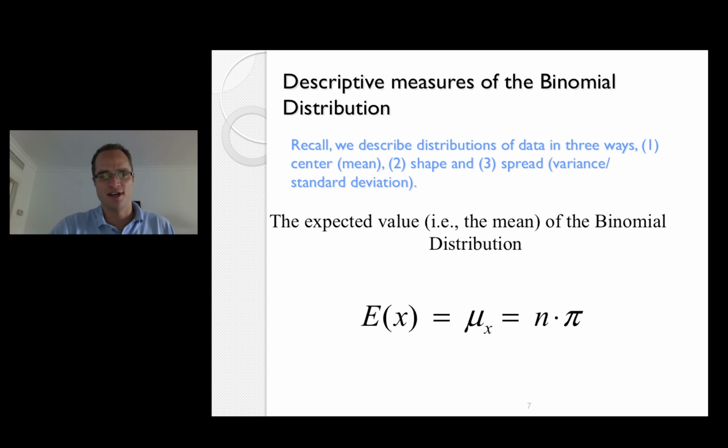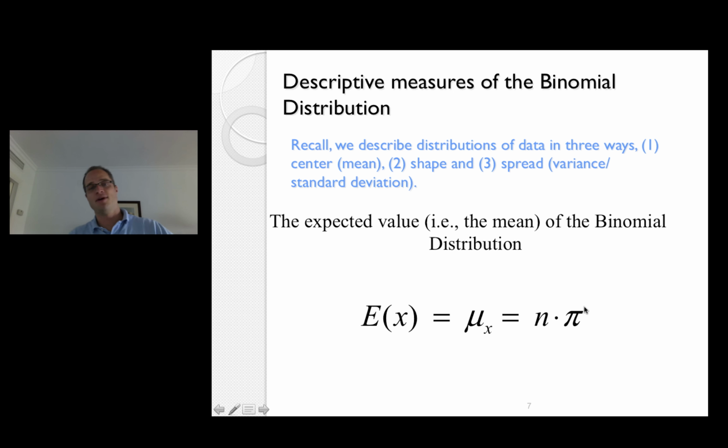And so some of the new notation here is that capital E is expectation. The expected number X of successes is going to be our mean. Notice the Greek letter mu, and X is here as a subscript to indicate that we're talking about the number of successes. Often we drop that subscript. It's a very simple formula, just the number of trials times the probability of success.